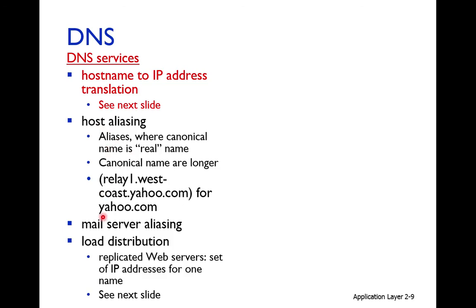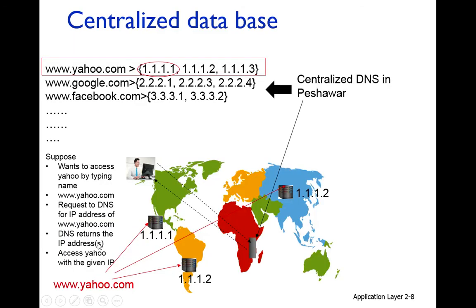Similarly, it also provides mail server aliasing. What does it mean? On the same system, we have a web server as well as a mail server, so it also provides mail server aliases. This is the fourth piece of information the DNS can return. For example, when the user asks the DNS about yahoo.com, what does it return?